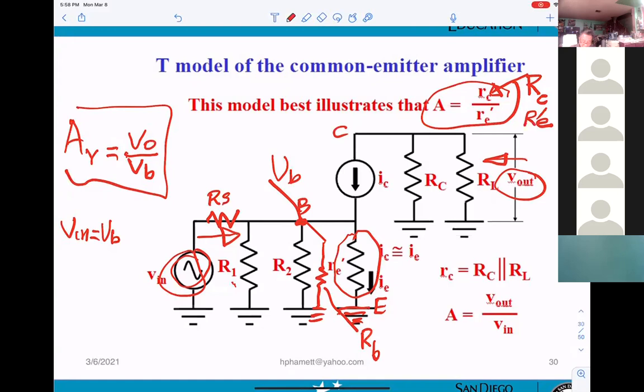Okay, so when we get one of the problems, I will go into detail for you. But what I want you to make sure of, if you're calculating the gain for the transistor, it has to be the ratio between V out and VB, not V in. If V in and VB are the same, that's fine.